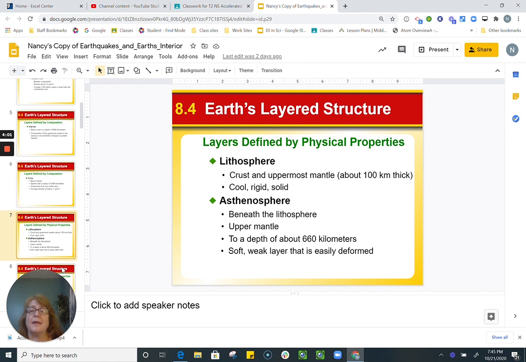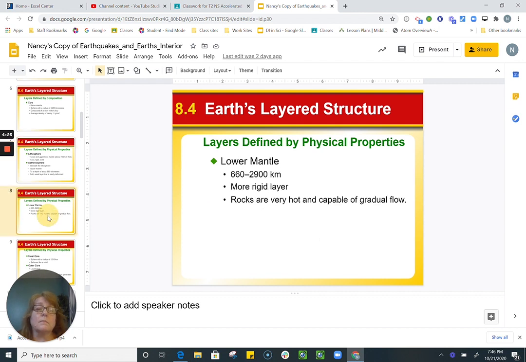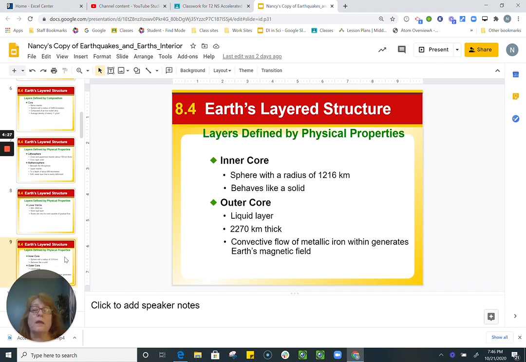Instead of calling the outermost layer the crust, they're going to call it the lithosphere. And the lithosphere is the crust plus the outermost or uppermost layer of the mantle. Then the upper mantle is called the asthenosphere. And then you're going to have the inner core and outer core.